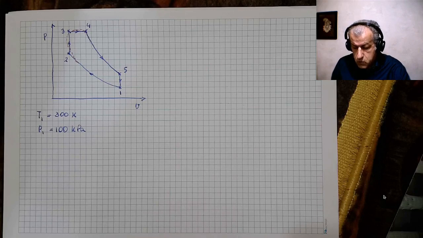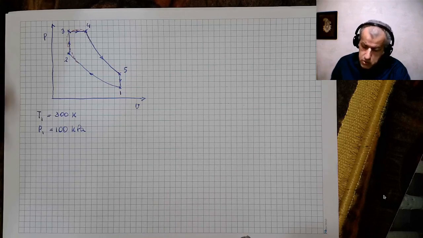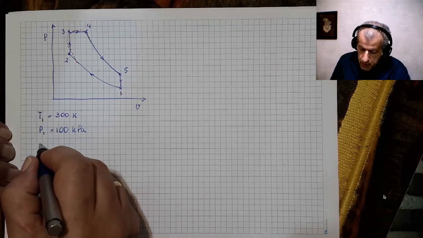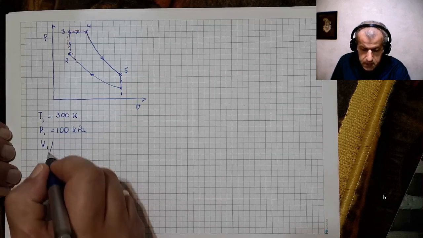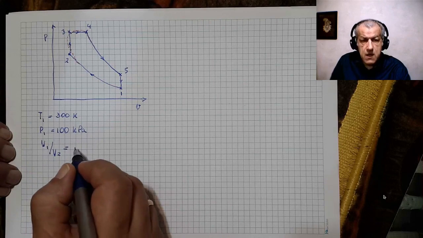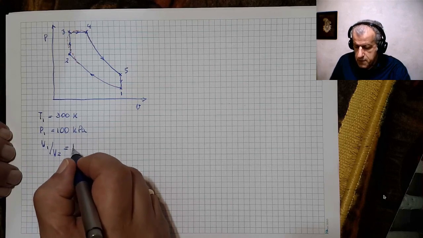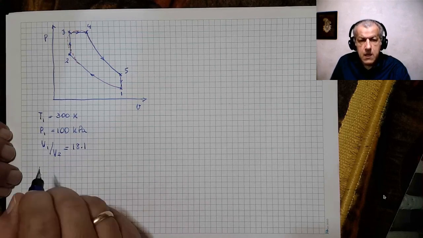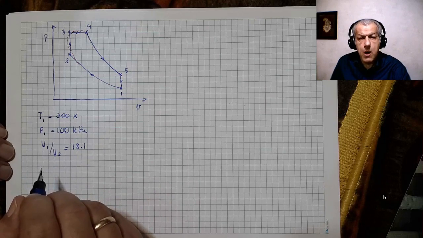Process 1-2 basically defines the stroke, and it is the volume ratio. What's usually said is that V1 over V2 is given, which for the present problem we assign to be 18.1.